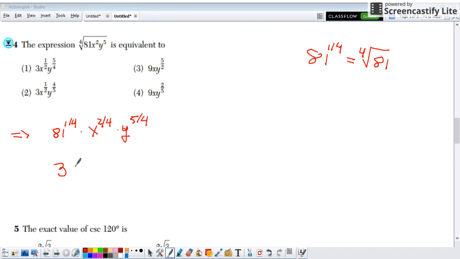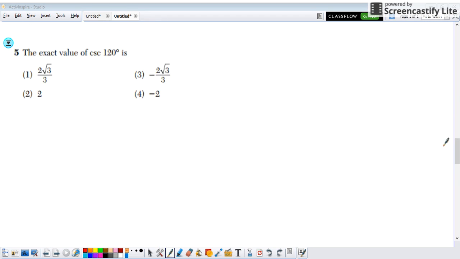So we have 3 times x to the 2 divided by 4, which can be simplified as 1/2, times y to the 5/4, which cannot be simplified. So now, if we look at our options, we can see that our correct option is option 1.